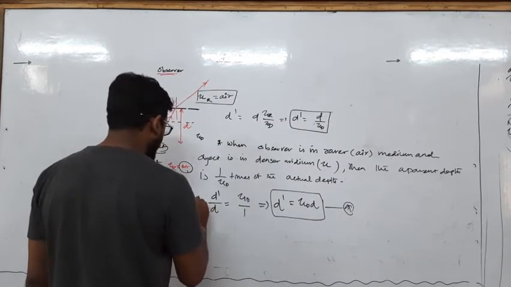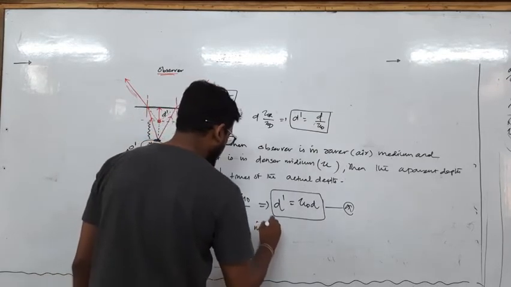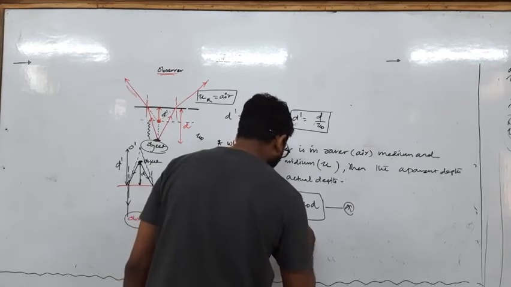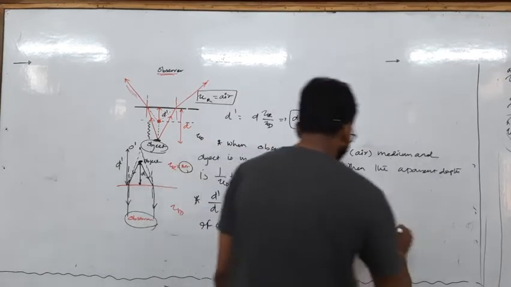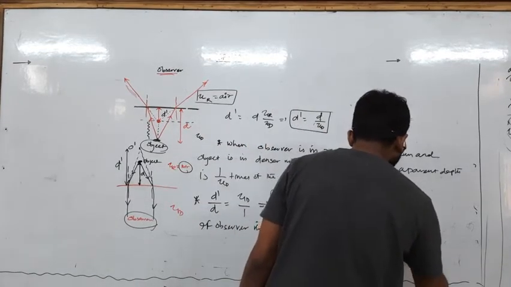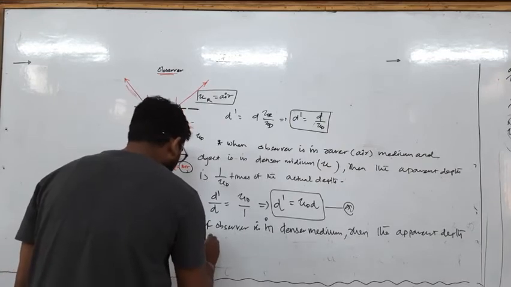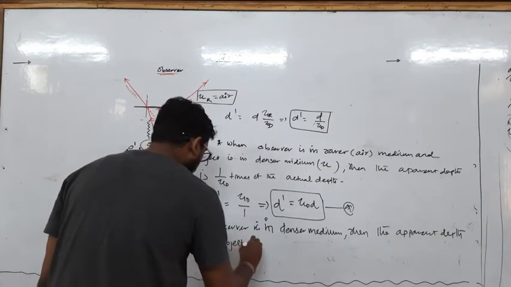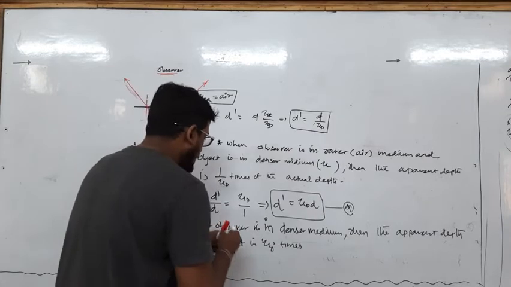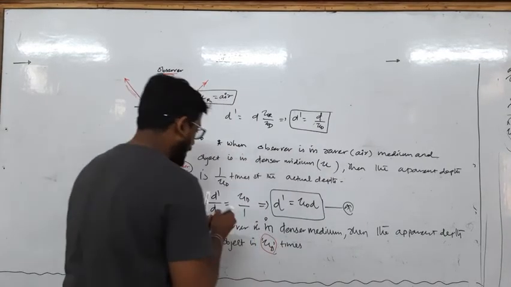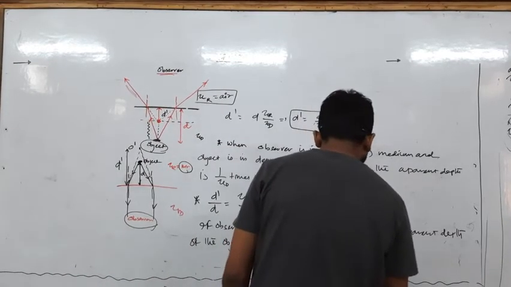Here in case 2, if the observer is in denser medium, then the apparent depth of the object is mu d times, mu d meaning the refractive index of the denser medium, times the real depth or actual depth.